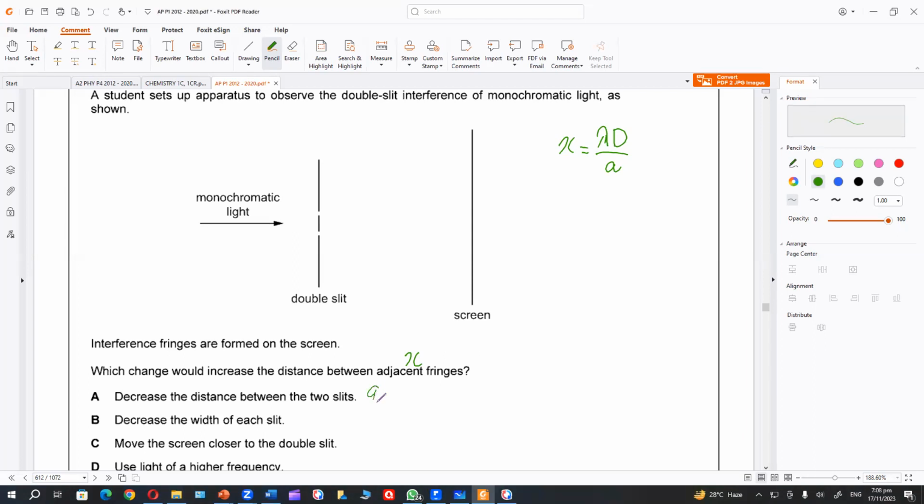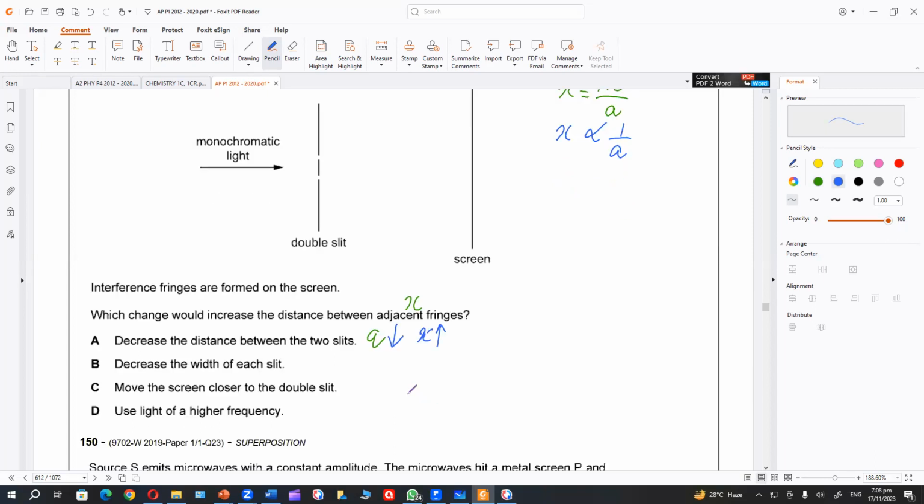It is actually A. So when you look at the relation, X is inversely proportional to A. So when A decreases, X will increase. It is always safe in A level that you should see all the other options also.